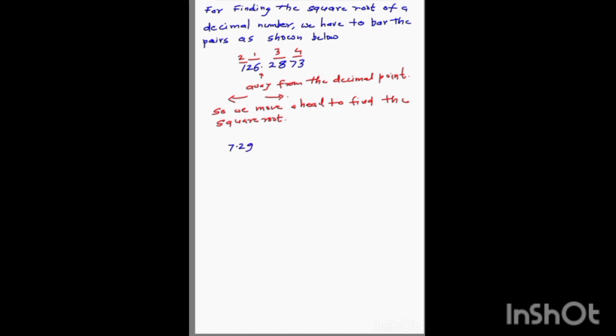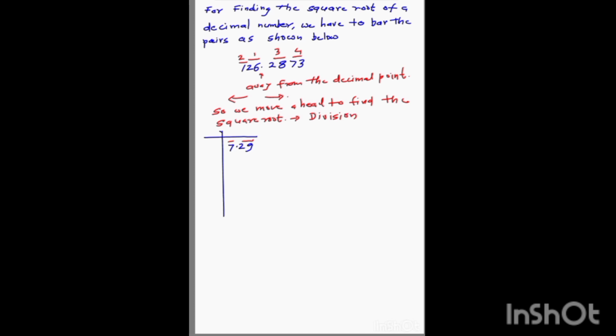Then the normal procedure: a horizontal and vertical line and bars. We will bar 7 first and then 29. Though this is a small number, we have to follow the rule. We are trying to find it by the division method, so I am writing that first.